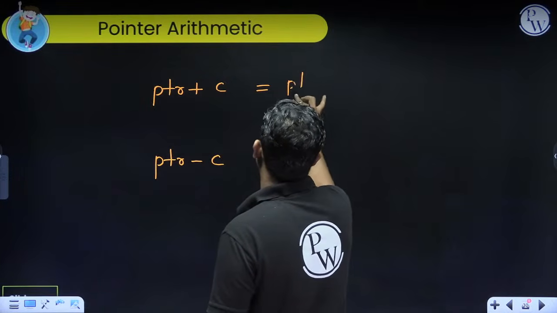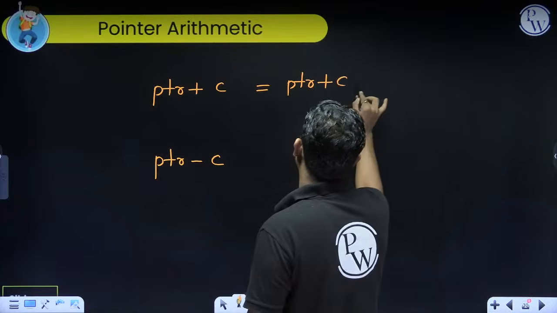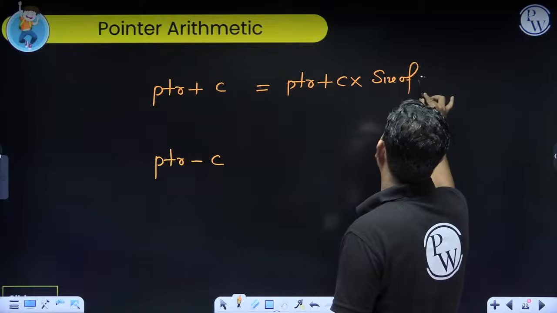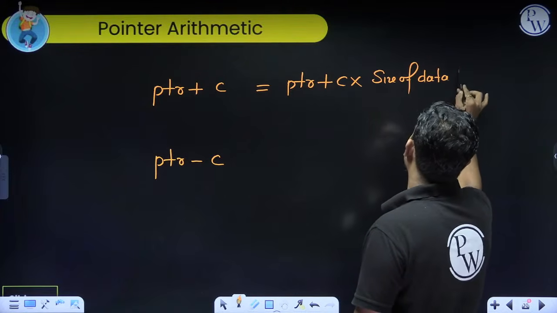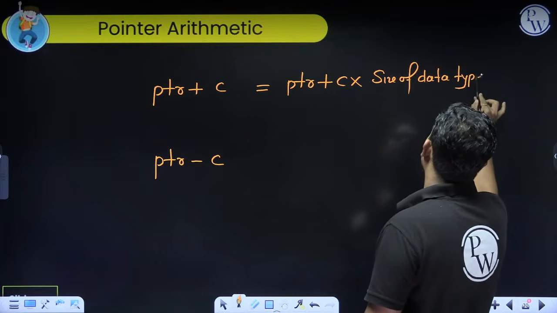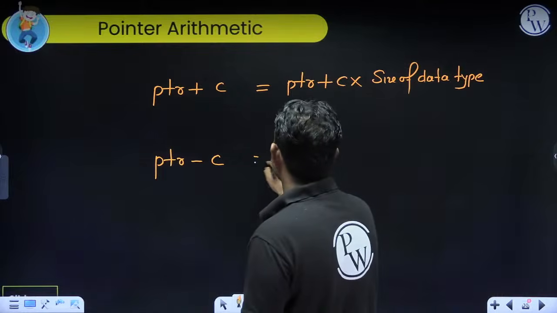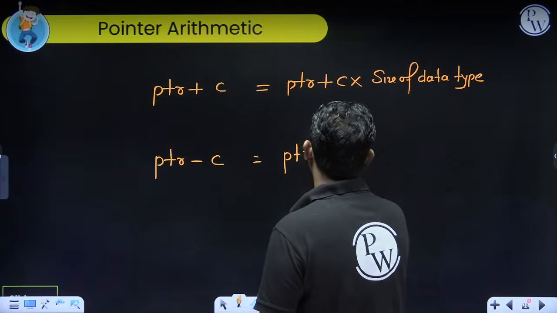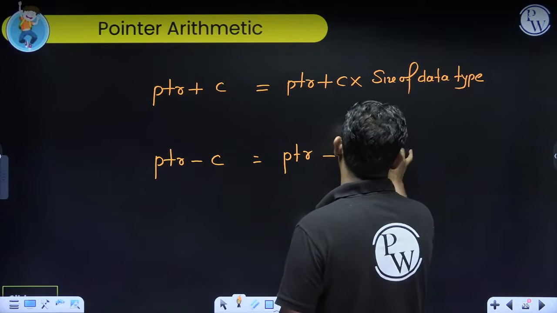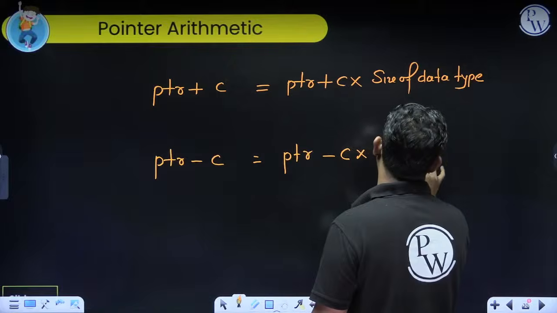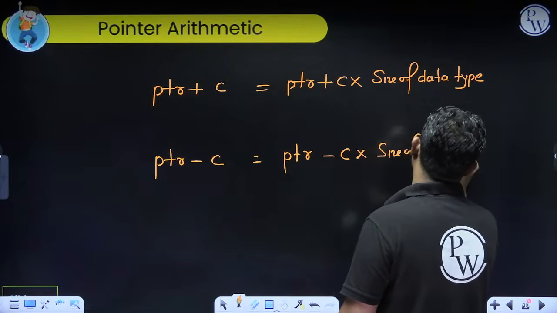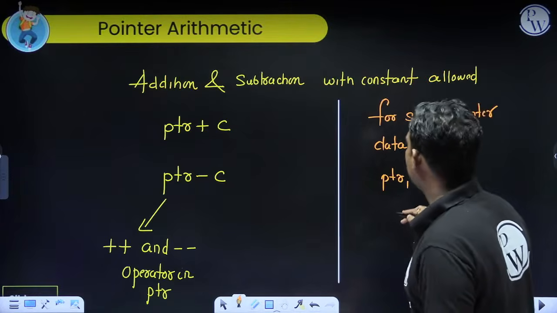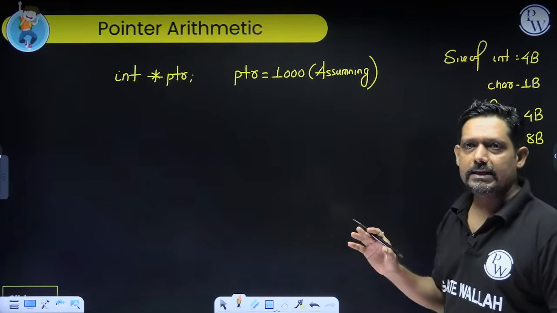It works like this: PTR plus or minus C means C multiplied by the size of the data type. And what is the size of the data type?